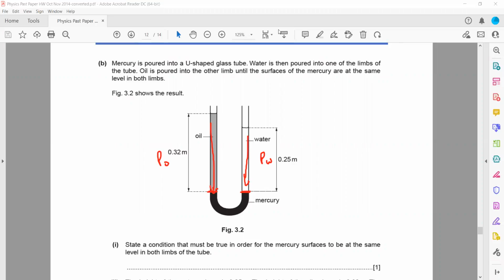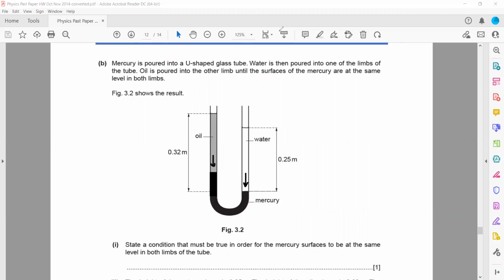If it was like this, for example, the same question but the levels were like this, what can we say now? Which pressure is higher? If it is in this manner, it means the water is exerting more pressure and the oil is exerting less pressure.